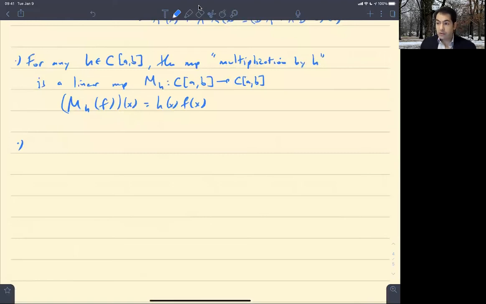This one is a little more fun. We're going to take a continuous linear combination. So what does that mean? Let's start with a function k from R2 to R that's continuous.